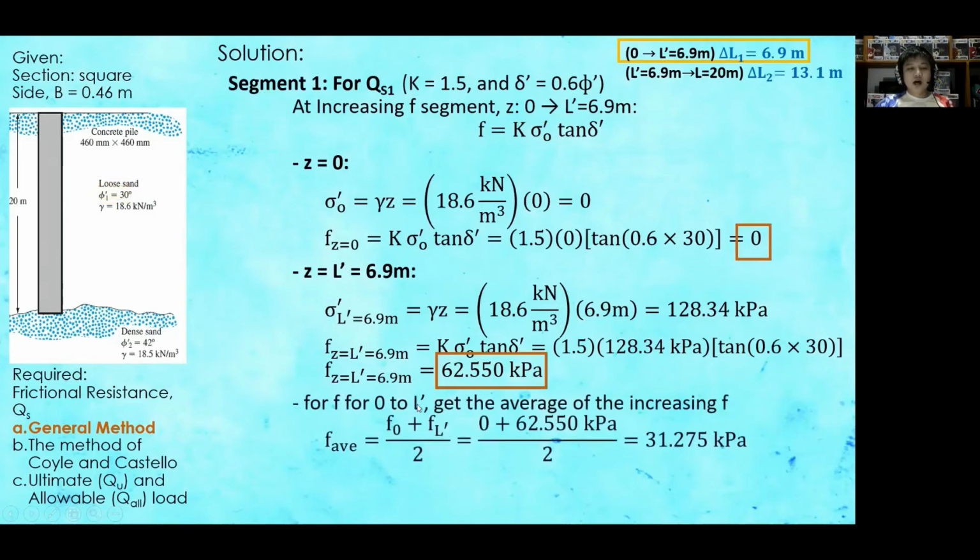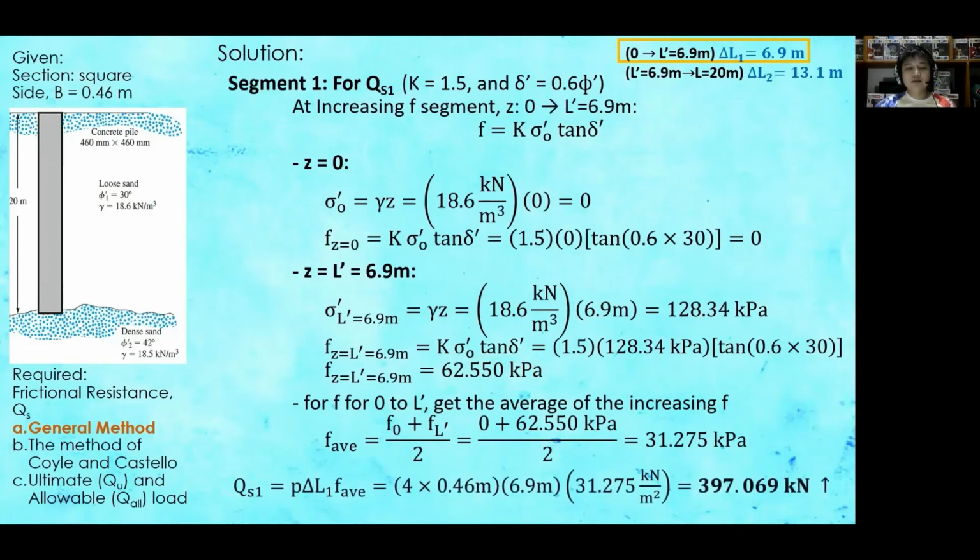And for our F, for this increasing F segment, we must obtain the average. So the average of 0 and 62.550 kilopascals is 31.275 kilopascals.